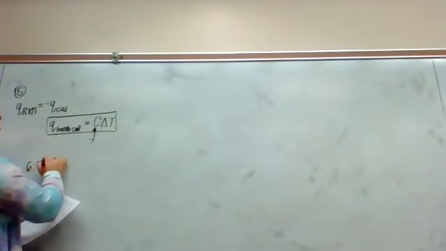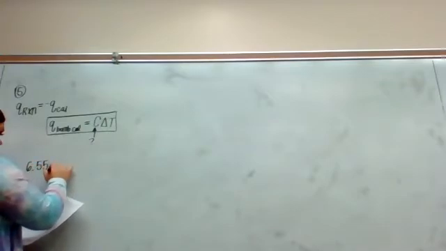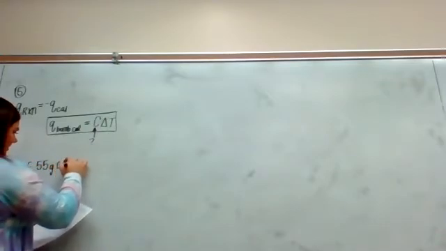So to do that, we're going to use the equation and the delta H of reaction to figure out how much heat is associated with this combustion of aniline. So we're going to start with 6.55 grams of aniline.